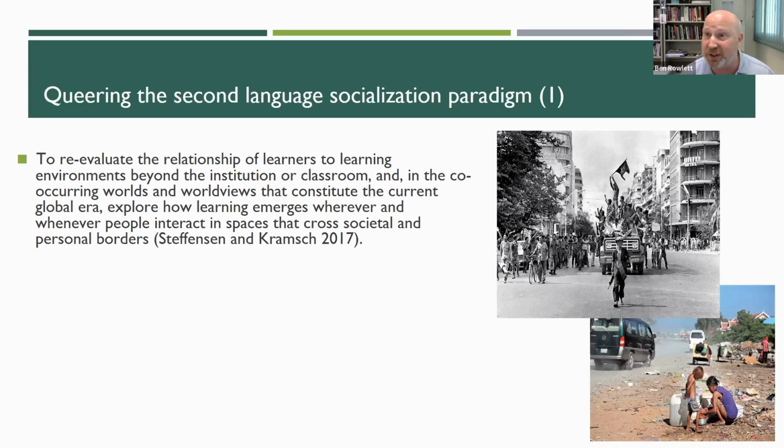And the scope of such research, particularly in second language learning and multilingualism, has moved towards reevaluating the relationship of learners to learning environments beyond just institutions or classrooms, but in the co-occurring worlds and worldviews that constitute the current global era, and to explore how learning emerges wherever and whenever people interact in spaces that cross societal and personal borders.